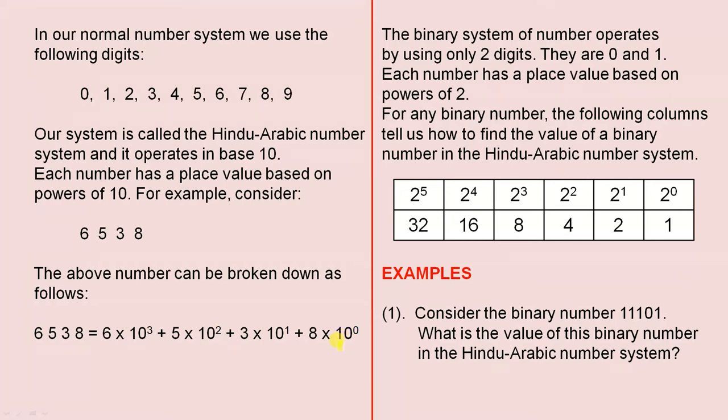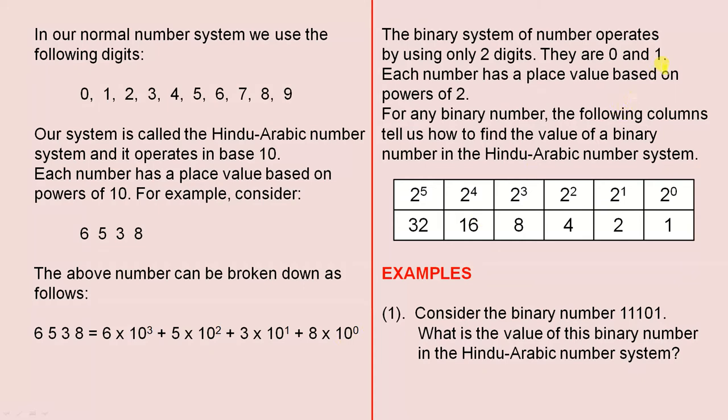That's how we break it down. And 10 to the 0 actually has a value of 1. We'll see that later on, but 10 to the 0 has a value of 1. So this is like the ones column. So that 8, which is over here to the extreme right, is in the ones column. That's why that's 8 times 1.